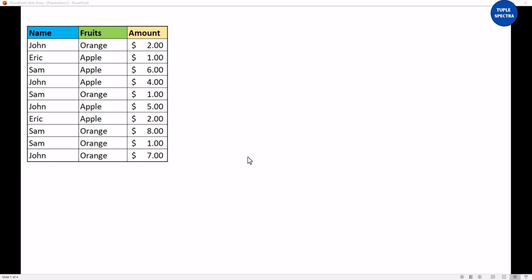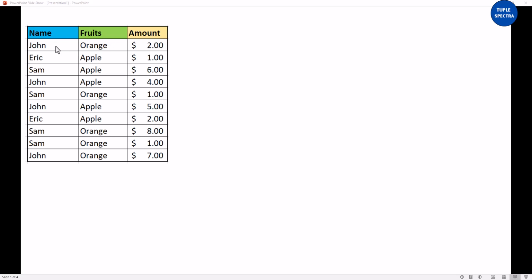So what group by helps you do, in essence, is specify how the data in your result is grouped. Let's cite an example before we actually get into coding. Let's take a look at this table. You have a name column, fruits, and amounts.